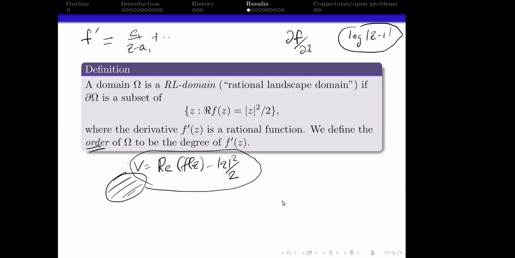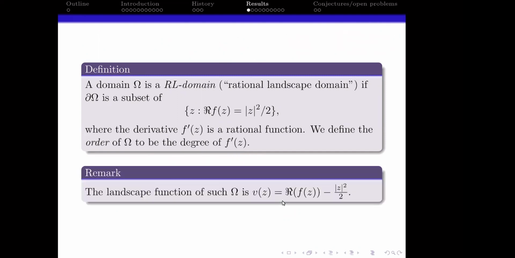Laplacian v must be minus 2 and v is 0 on the boundary. This is one reason why we consider this, because it is apparent what the landscape function is. This is the remark I made, because v satisfies both properties: v is 0 on the boundary and the Laplacian is minus 2.